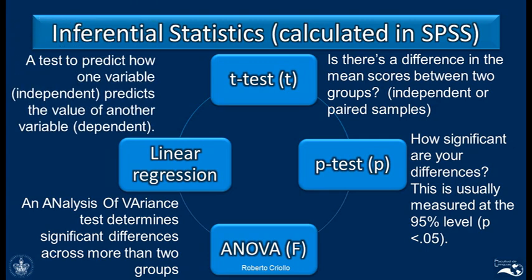And finally, the linear regression is a test that tries to predict how one of the independent variables predicts the value of another, dependent variable. That is important in studies where we have more than one independent variable, because it helps us to see which of them is more significant in the changes that we have observed in the dependent variable.